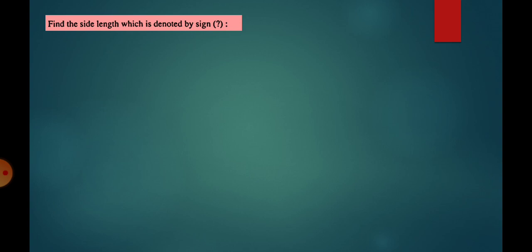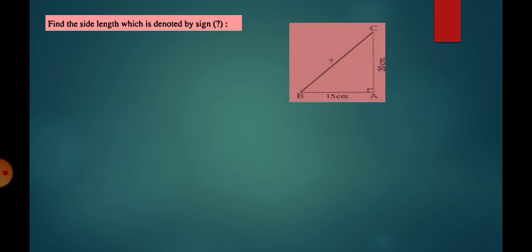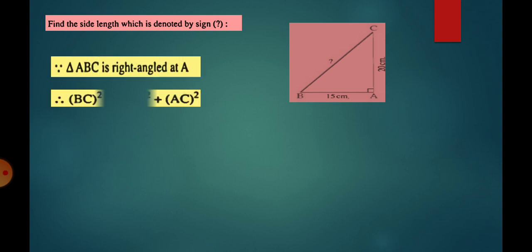Find the side length, which is denoted by the question mark. ABC is right angled at A. Then BC is the hypotenuse. We want to find the length of the hypotenuse. Then we can write BC power 2 equals AB power 2 plus AC power 2.